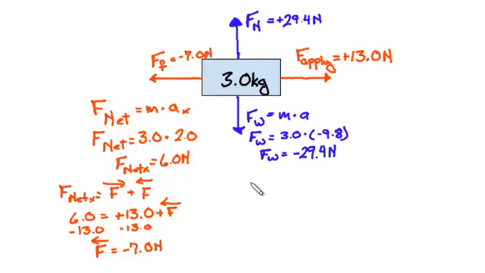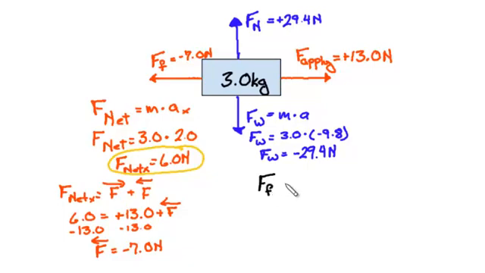Armed with this information, now I can go figure out the coefficient of friction, which I call mu. So I take that force net and I answer my question, but now I need to go solve for mu.